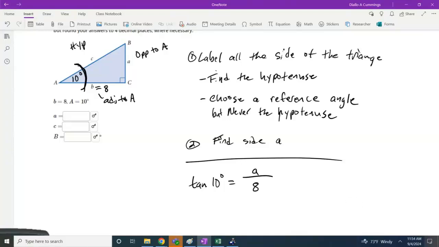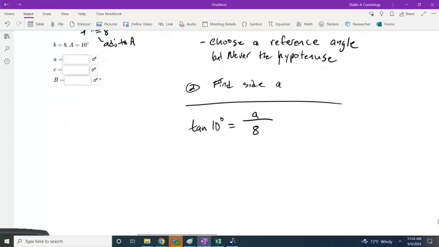And that's my trig function. The tangent of 10 degrees is equal to the opposite, which I don't know, so that's A, over my adjacent, which is 8. So now I'm going to solve this trig function for A.